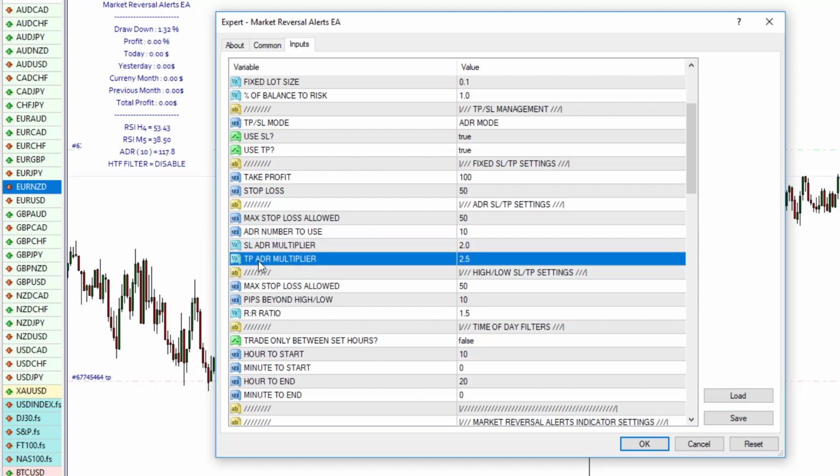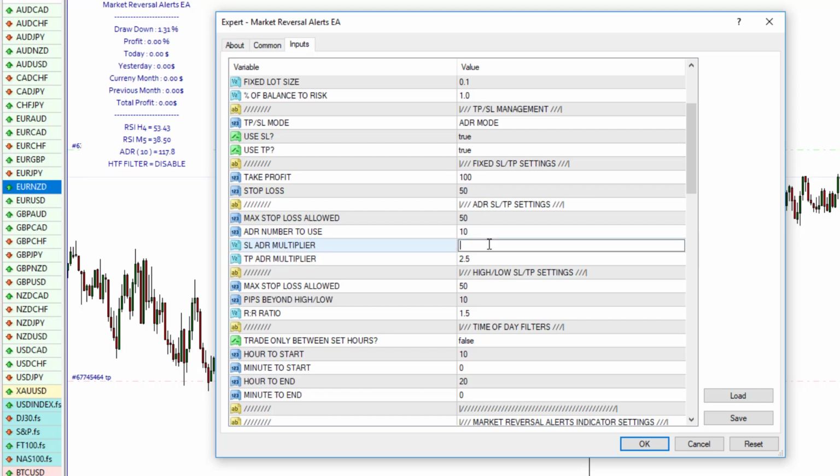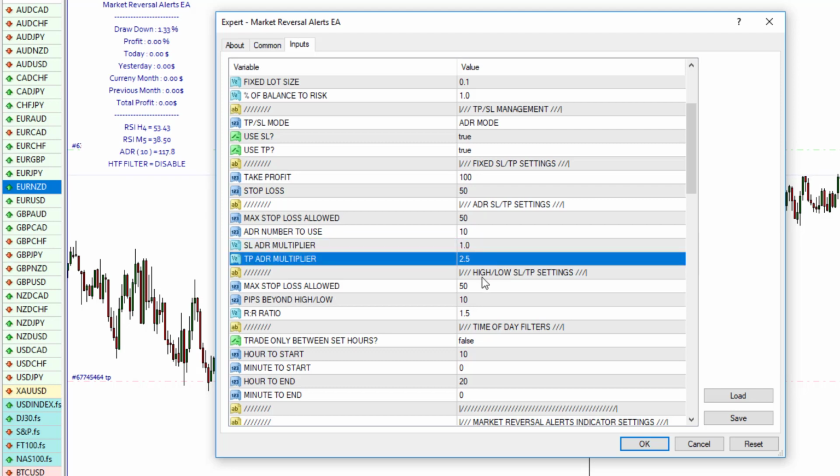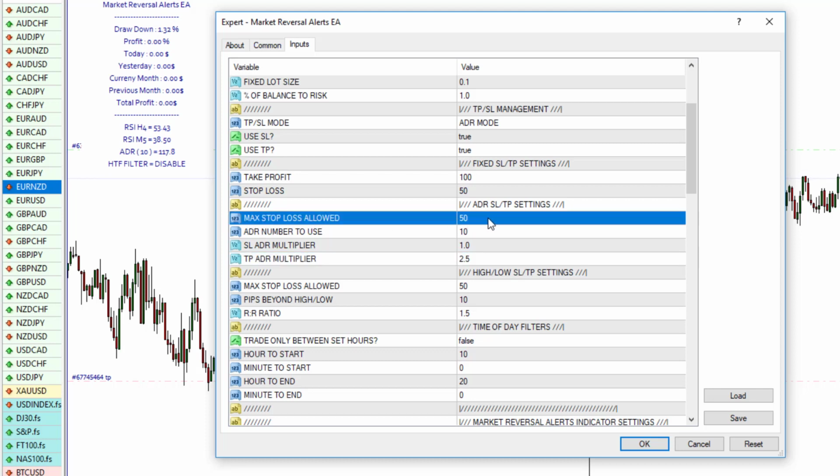And the same with the TP ADR multiplier. So this will set your TP and your stop loss at say 1 and 2.5, giving you a 2.5 to 1 risk reward ratio. You can also set a maximum stop loss allowed with the ADR settings, and what this will do is measure the stop loss for one ADR from where the current price is.